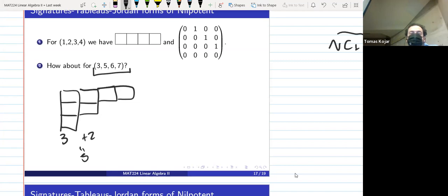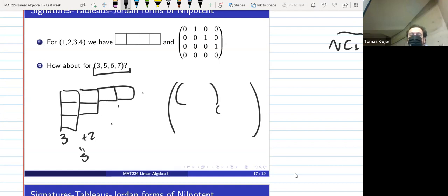And then can you tell me what's the matrix? How many blocks do I have? Let's do this one by one. How many blocks? Can you show me with your hand? How many blocks do you think? So we have 3 cycles, 3 blocks.